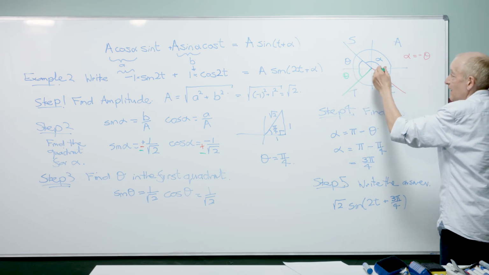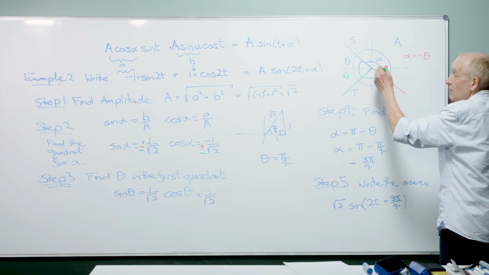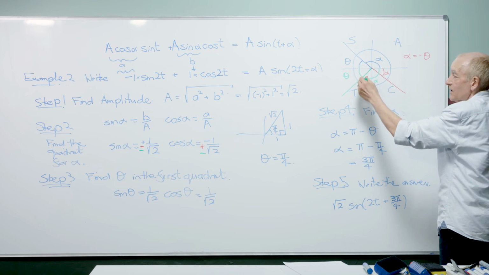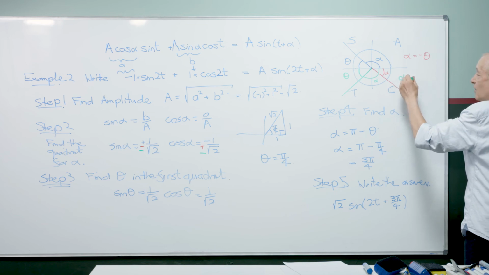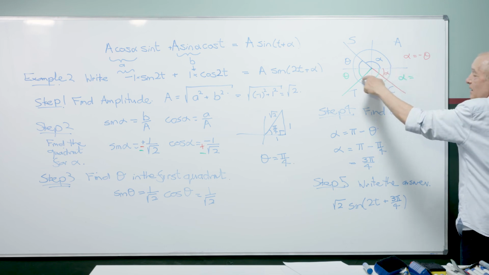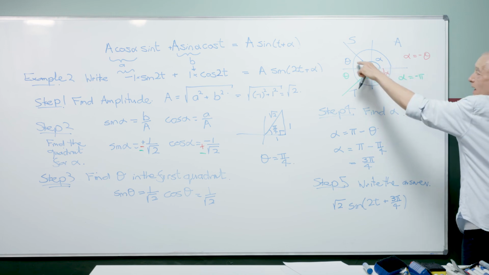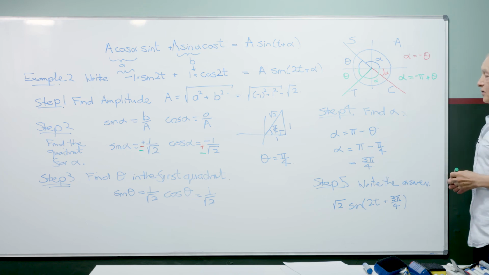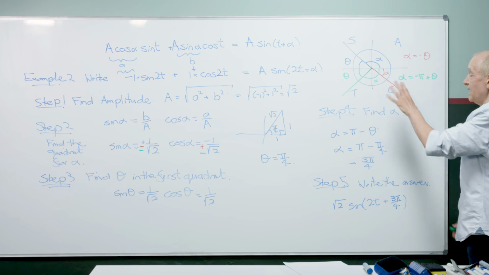And to find out this angle, alpha will equal minus 180 degrees plus theta. So writing this here, we've got that alpha is going to be minus pi plus what it would be in the first quadrant. So for each one of the different combinations, you can find out alpha.